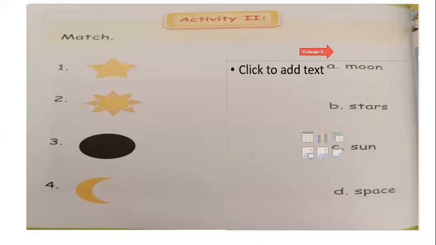Now let's look at this page. I want you to do this page as homework. Okay? So you have to look at the pictures and you will match them to the words. What is this?